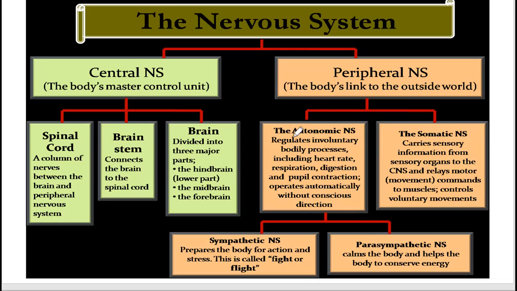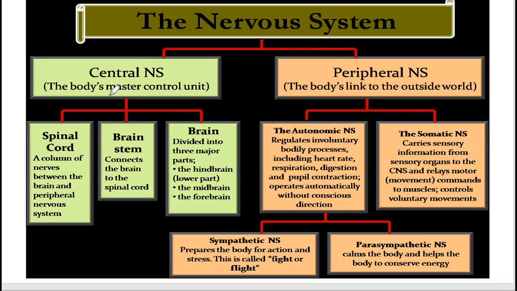So also in peripheral nervous system, the body is linked to the outside world. So we have the autonomic nervous system and the somatic nervous system. Okay, so under the autonomic nervous system, we have sympathetic nervous system and the parasympathetic nervous system. Again, nervous system is divided into two parts, the central nervous system and the peripheral nervous system.